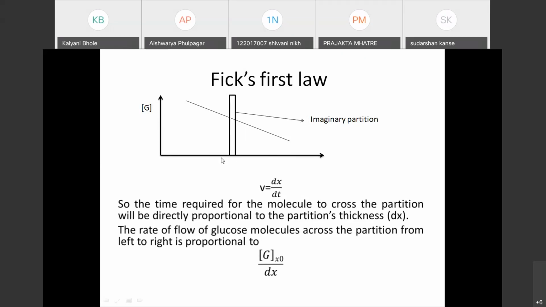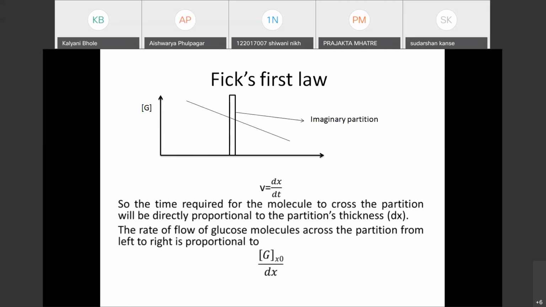Consider that the left edge is at x0, and consider the thickness of this imaginary partition, which is very small, to be dx. I am not saying concentration here, but a certain number of glucose molecules on the left-hand side of this partition at x0. That number will be proportional to the glucose concentration at x0.